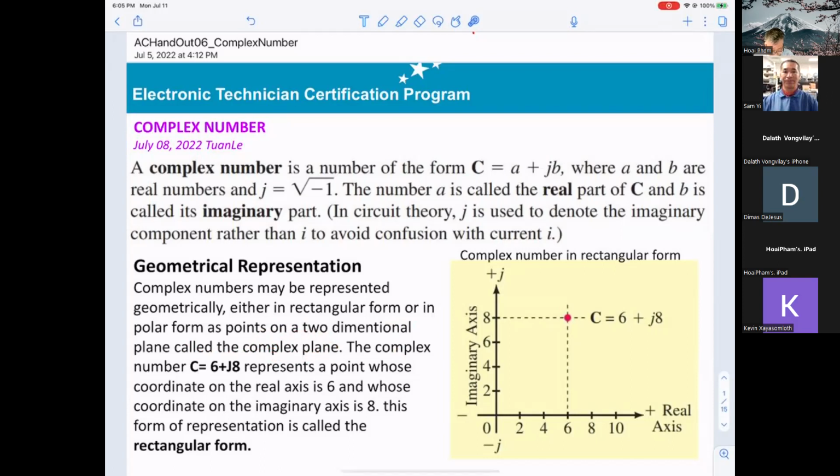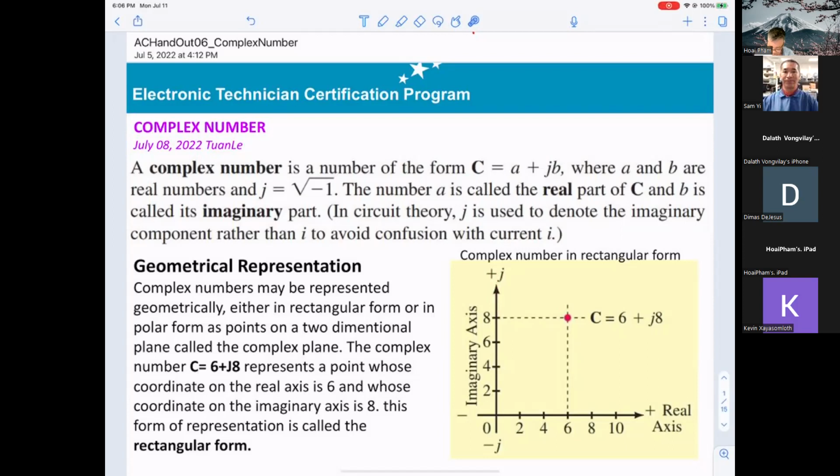The complex number C equals 6 plus J8. That represents the point whose coordinate on the real axis is 6. That will be the real part, and that's what we call the imaginary part.